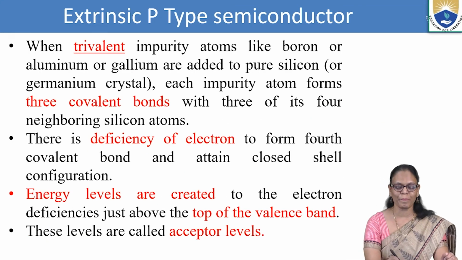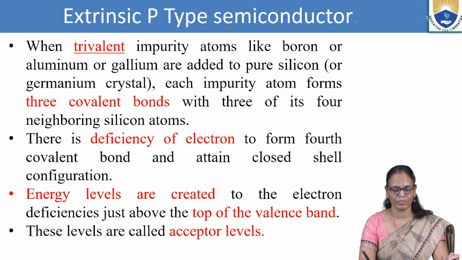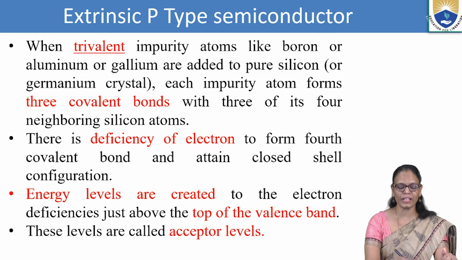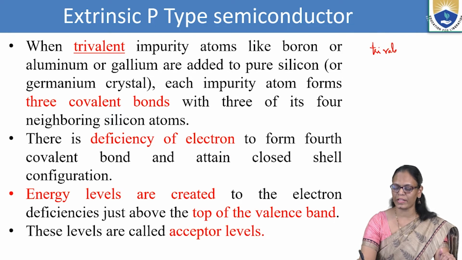So now coming to the p-type semiconductor, when a trivalent impurity atom is added, trivalent here means, tri means 3. Trivalent means an impurity which has 3 valence electrons.